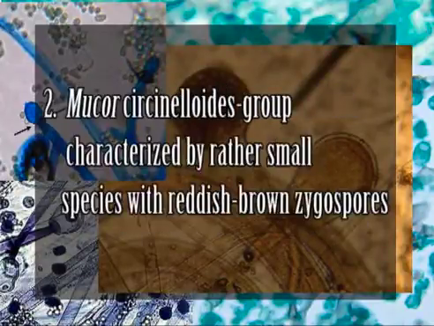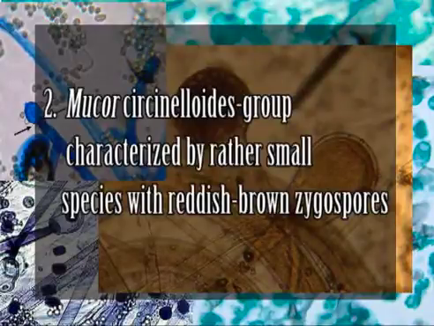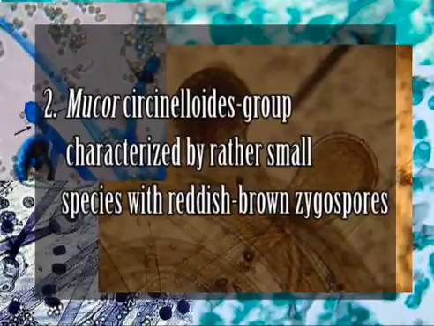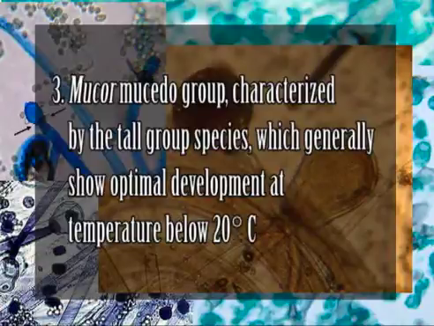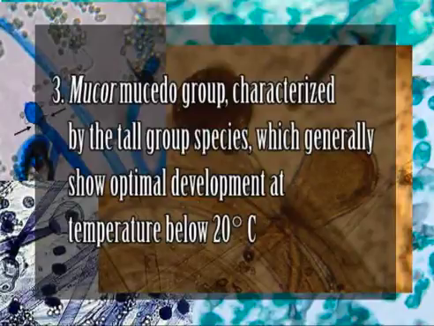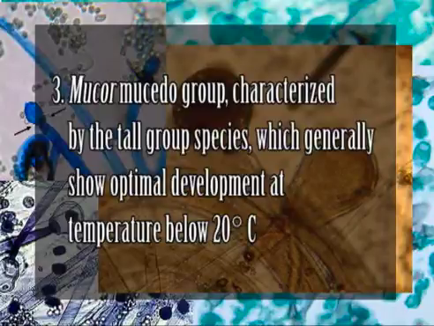The other two groups are the Mucor sylvaticus group, characterized by rather small species with reddish-brown zygospores, and the Mucor mucedo group, characterized by tall species which generally show optimal development at temperatures just below 20 degrees Celsius.